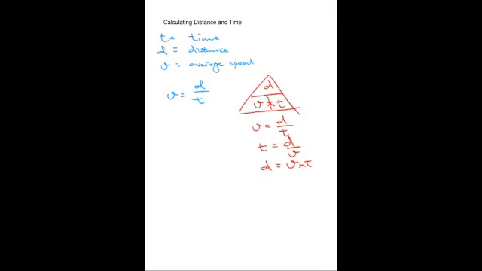The next thing that we need to consider here is the units that are used for each of these values. So let's take a look at that. Okay, the units for distance that you will most commonly come across will be meters and kilometers.